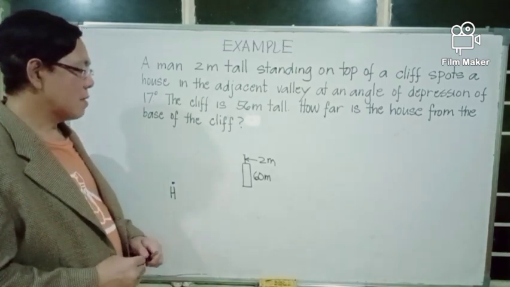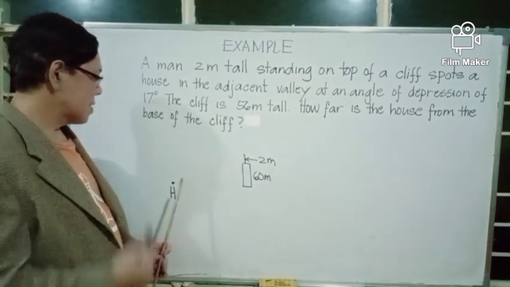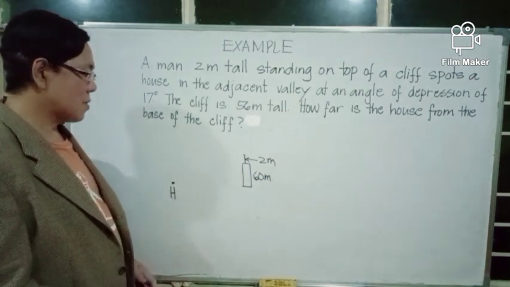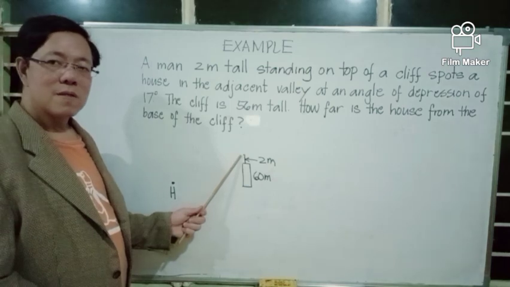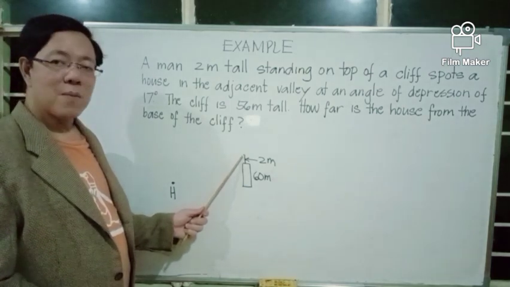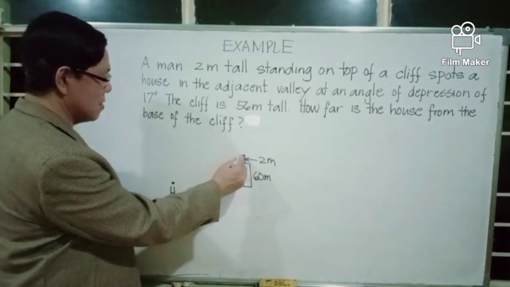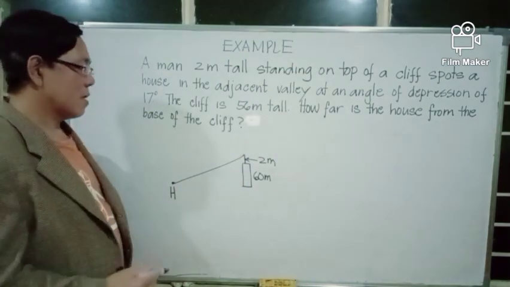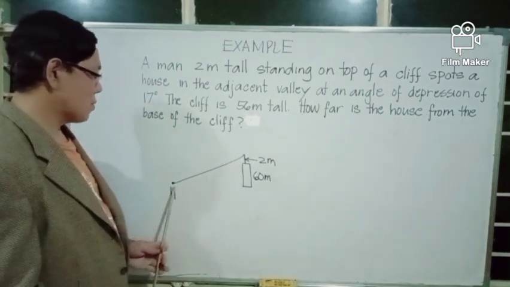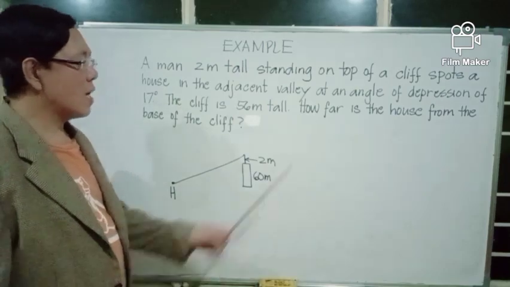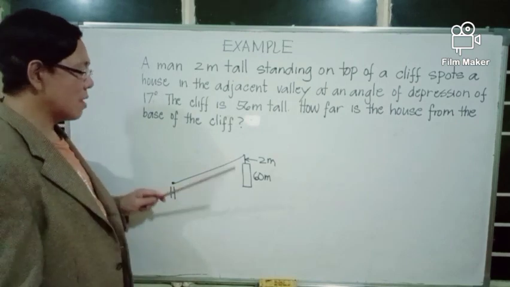And from the eye of the man, the angle of depression of the house is the angle of the line of sight from the eye of the observer to the house. We construct this line as the line of sight from the eye of the man to the house. And the angle of depression is the angle that this line of sight makes with the horizontal.